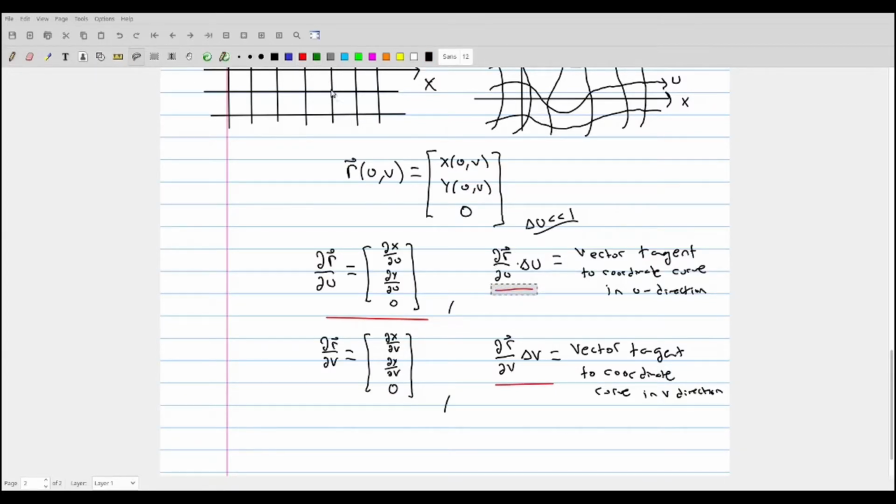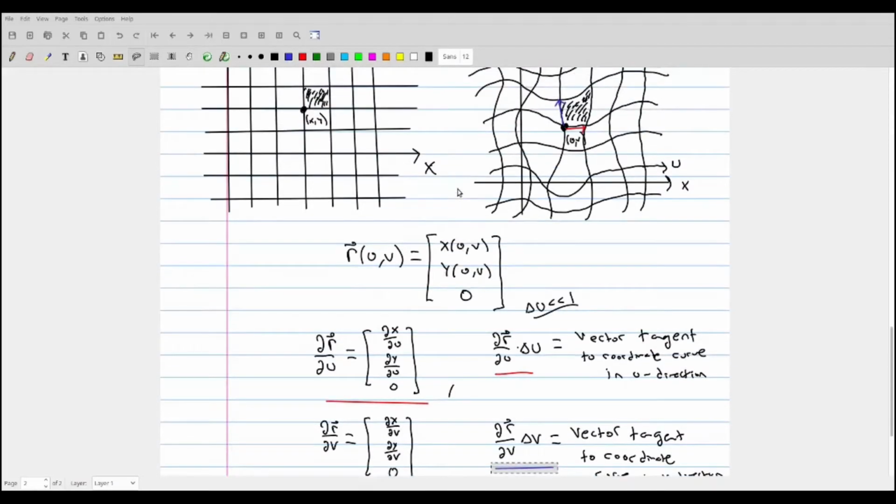So up in the drawing here, I'll highlight in each individual color: the vector dr du times delta u is this red vector right here, and the vector dr dv times delta v is this blue vector right here.